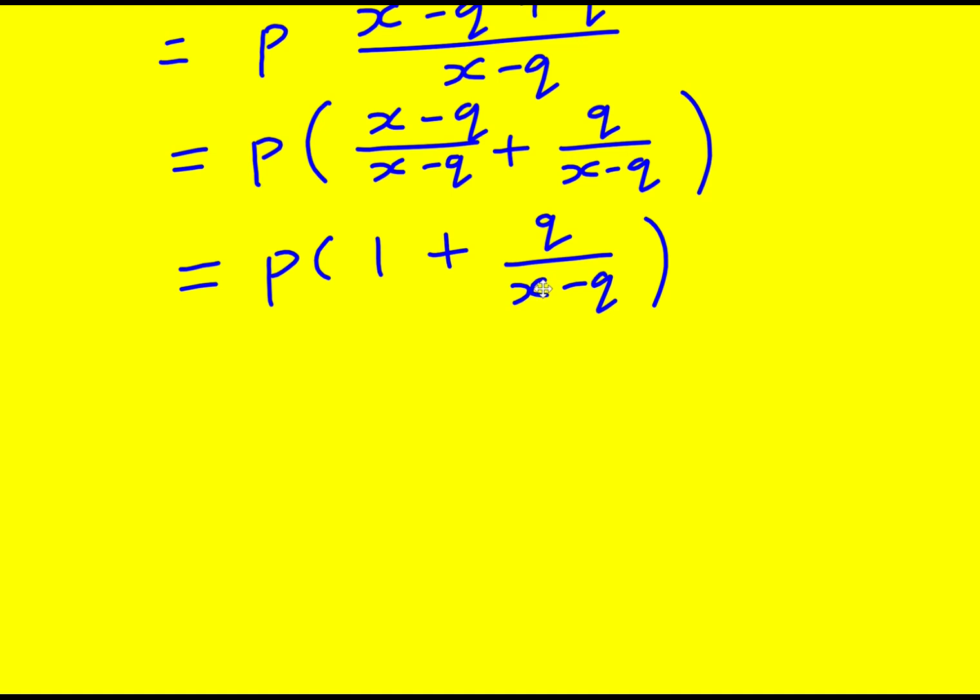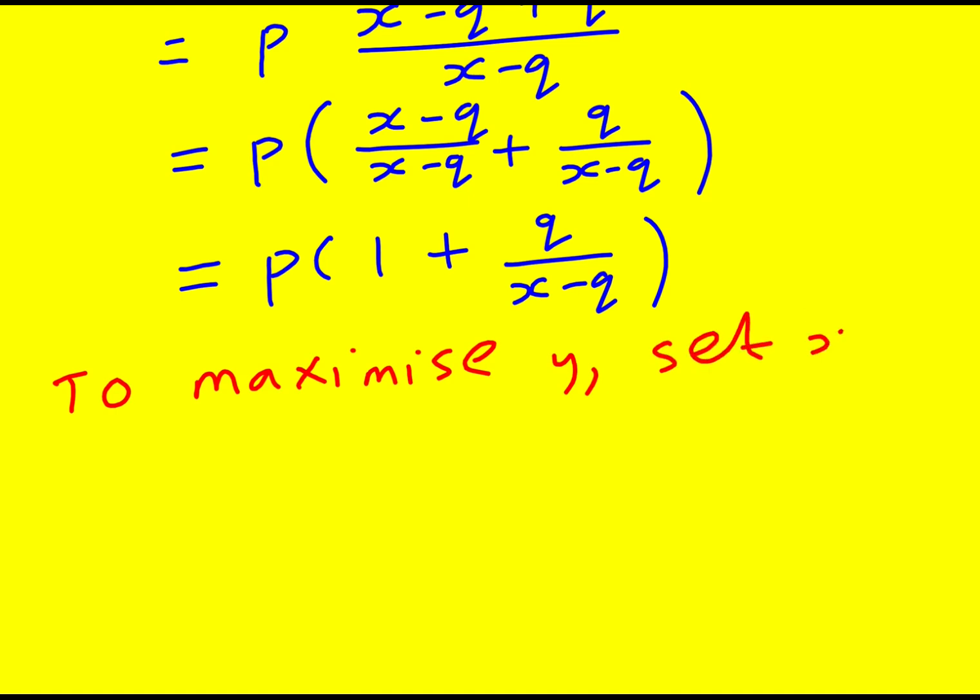But the bigger x gets, like if I divide by 100, then this is going to be small. So actually, to maximize y, I can set x equal to q plus 1, because then I'm simply dividing by 1. That's the smallest positive integer that I can divide by.